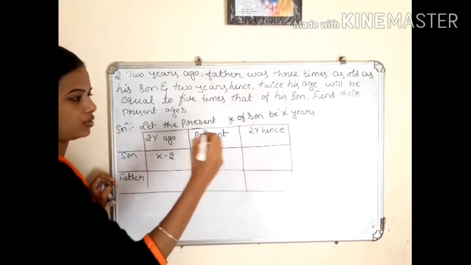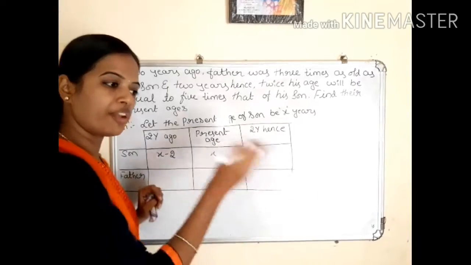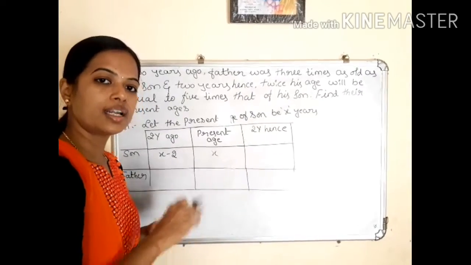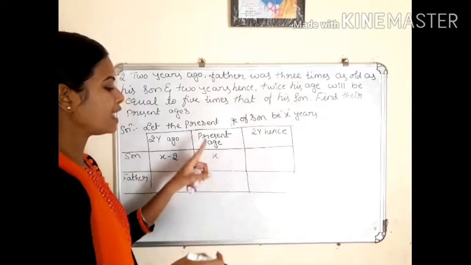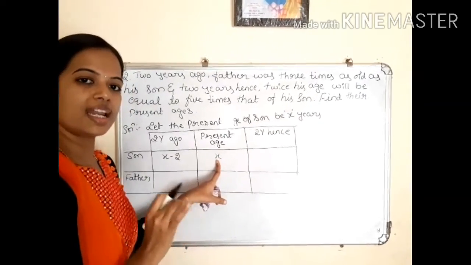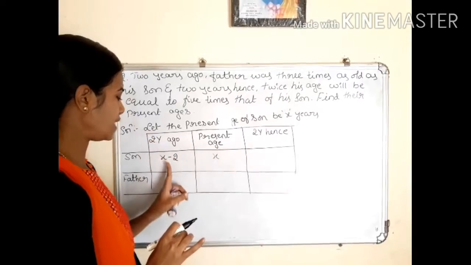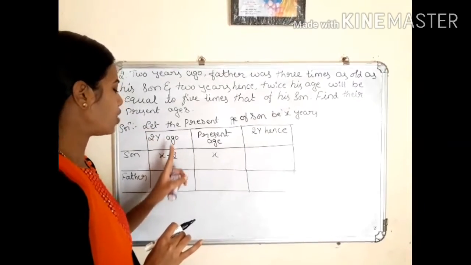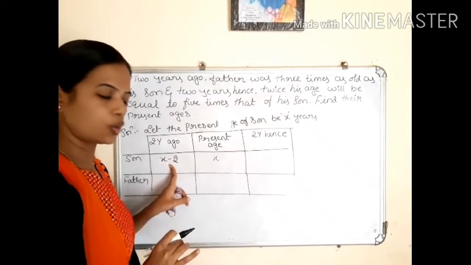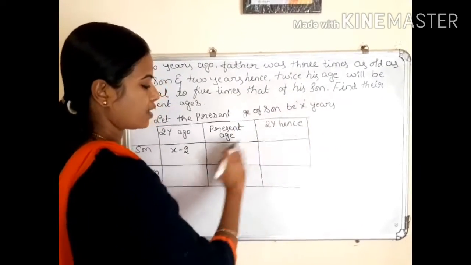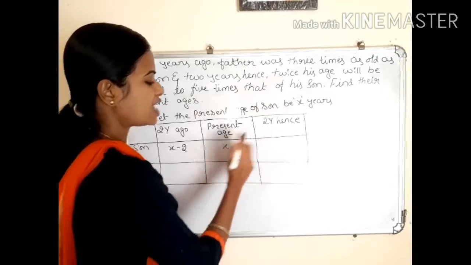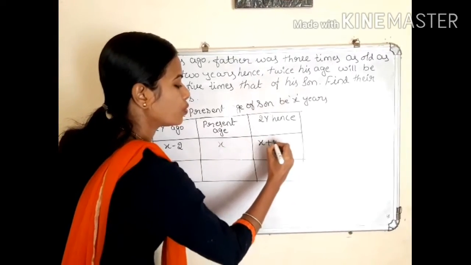If son's age is 10 years, then before 2 years what is the age of son? 10 minus 2, nothing but 8 years. In the same way, instead of 10 we consider here x. Before 2 years, or 2 years ago, son's age is x minus 2. Similarly, we can write 2 years hence. After 2 years son's age becomes x plus 2.